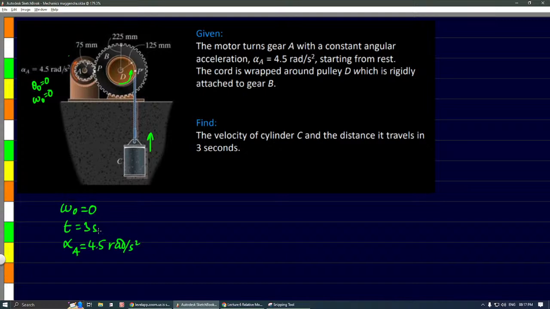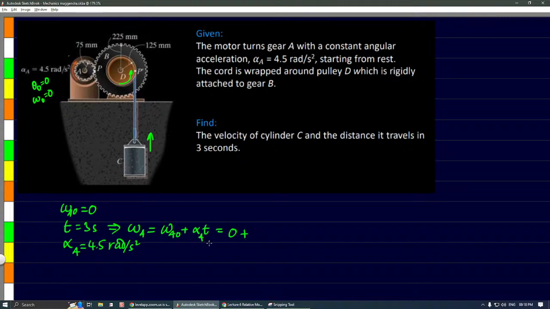Okay. After t seconds, let us find omega first. Omega of A, no? So omega A, let us find. Omega A is equal to omega A naught plus alpha t, right? Initial velocity, omega A naught, is 0 because it is starting from rest.